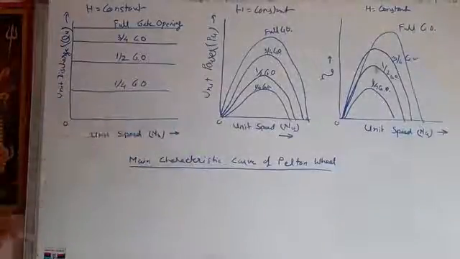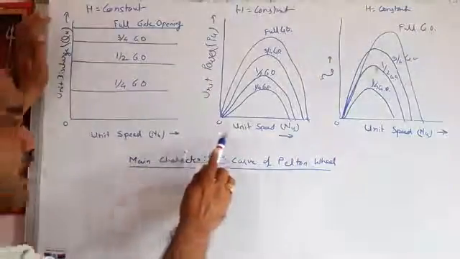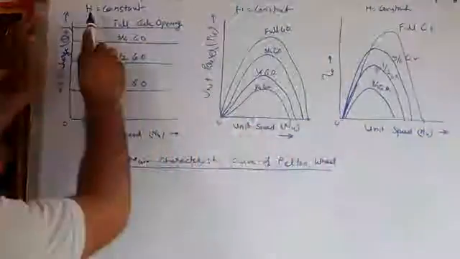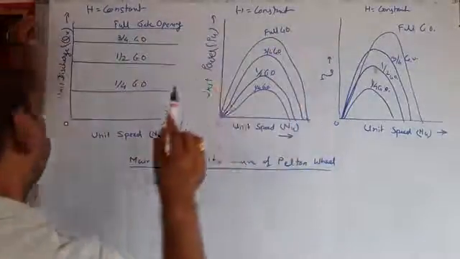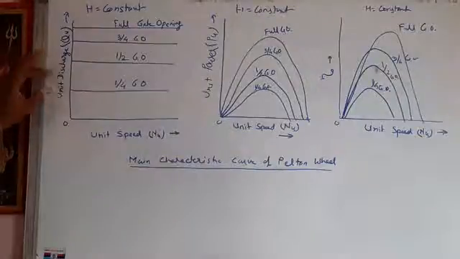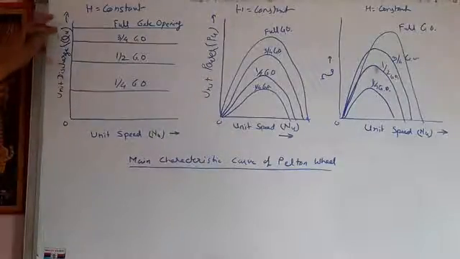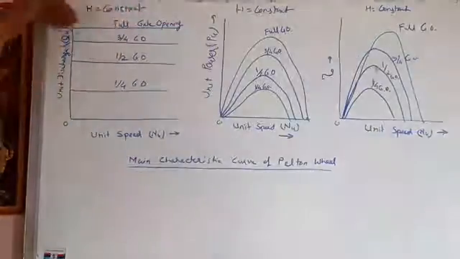Here in all these curves, unit speed has been taken on the x-axis and everywhere H is constant. Here this curve is with the unit discharge Qu. This is for the full gate opening condition.